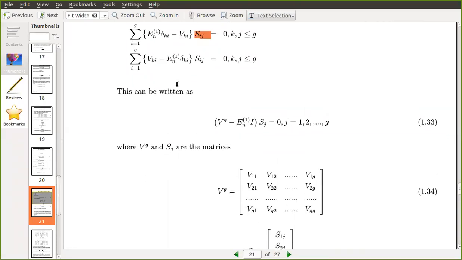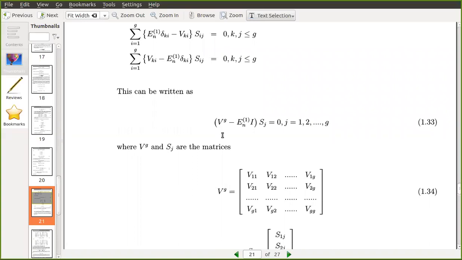So this can be written as V^G minus E_n^(1), and when k equal to i, this delta vanishes. So then V_ii, we write it as V^G, or this is the familiar matrix equation.